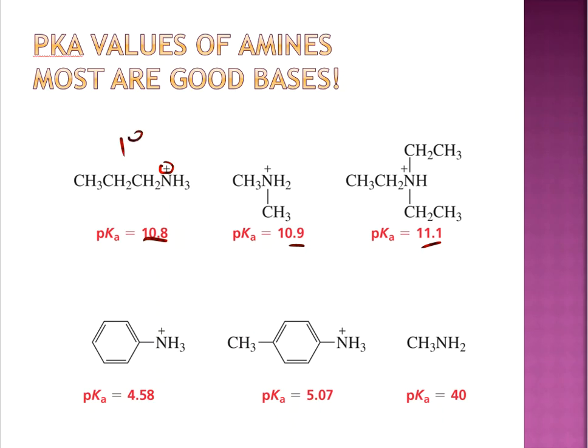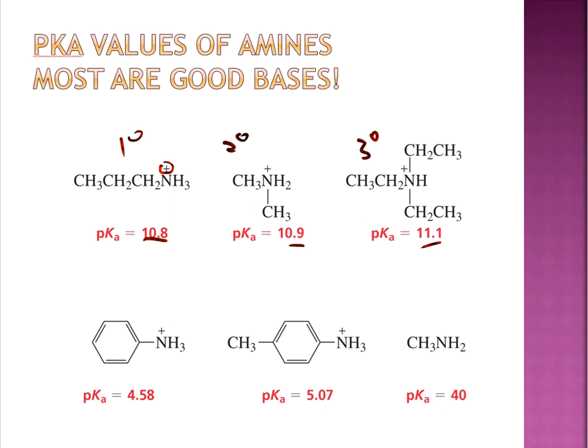So a primary amine is a nitrogen attached to a carbon. A secondary amine is a nitrogen attached to two carbons. And a tertiary amine is a nitrogen attached to three carbons. All of these are fair game, but they're all pKa's of 10s and 11s.